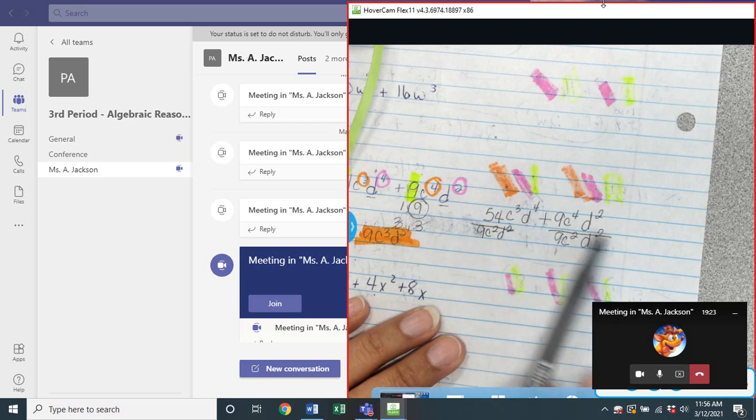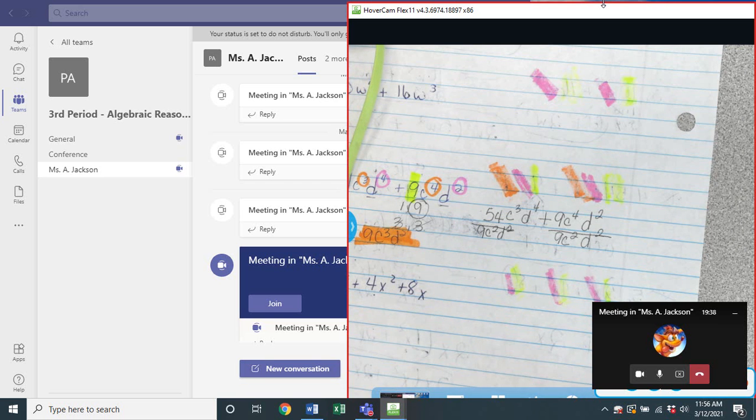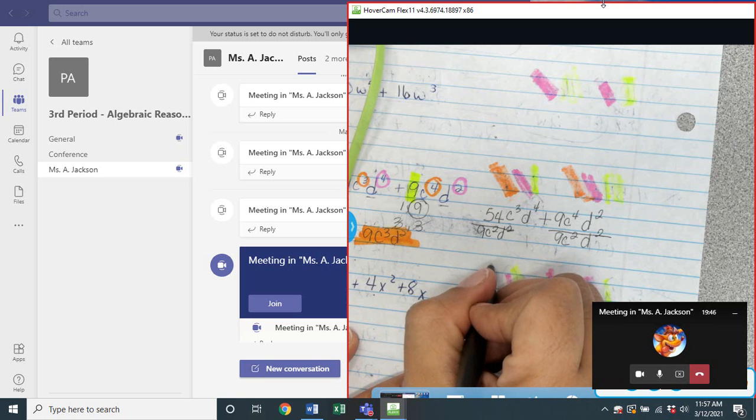We're right here. So I'm going to help you for the first one. Divide 54 by 9. How many times do I get that one? How many times does 9 fit in 54?